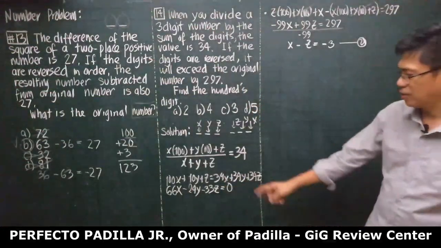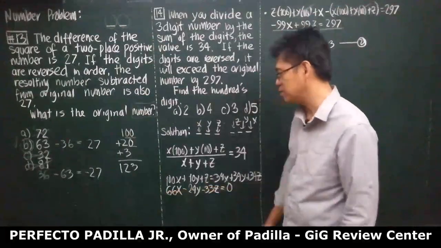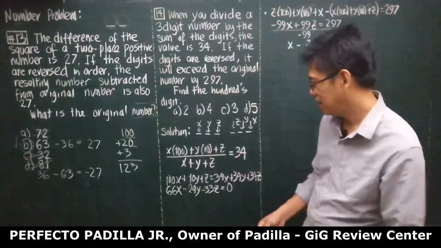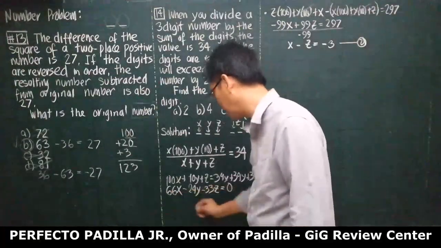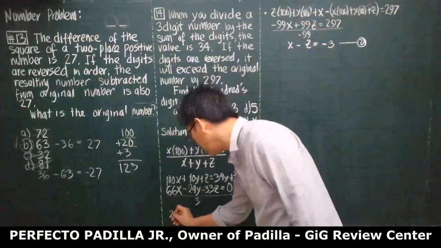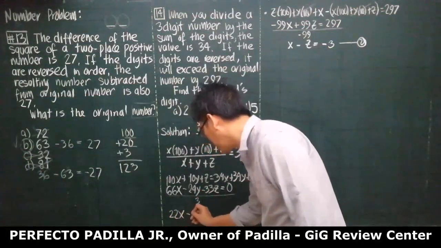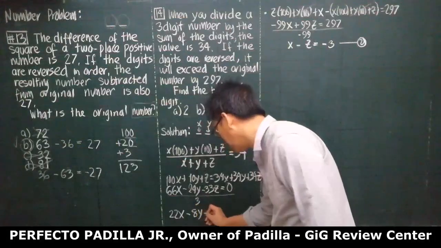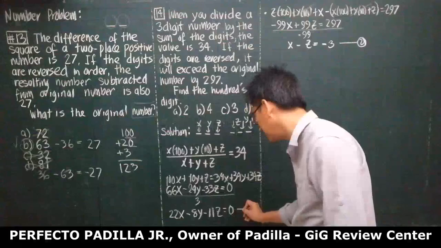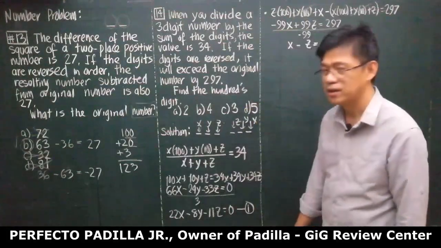Okay? So, we can further simplify this by dividing everything by 3. Okay? So, if we will divide this by 3, everything, you have 22x minus 8y minus 11z is equal to 0. This is equation 1.